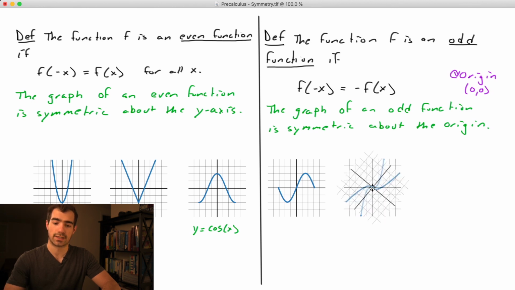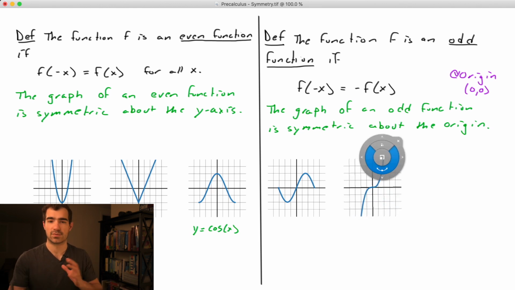So a 180-degree rotation is going to get this to match where we started, and so that's what we mean when we say an odd symmetry, right? An even symmetry is matching the left side to the right side as if we were going to fold them together. An odd symmetry is if we were going to rotate our image 180 degrees and get the same thing that we started with.